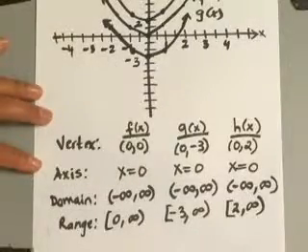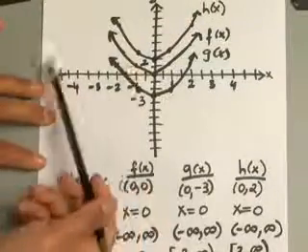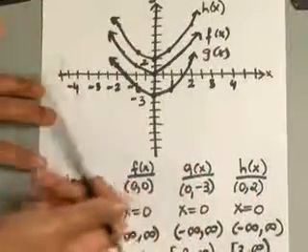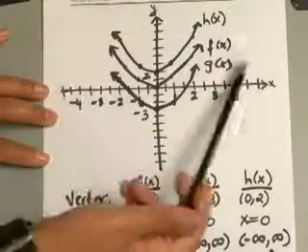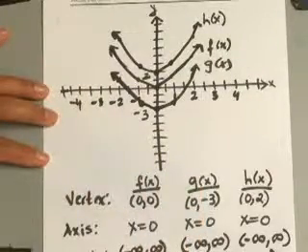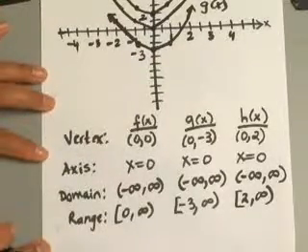Again, if you talk about the domain for each one of our graphs here, you can see that the domain is going to be -infinity to +infinity, since we are covering all the points on the x-axis. Now, your range is going to change for each one of these functions.